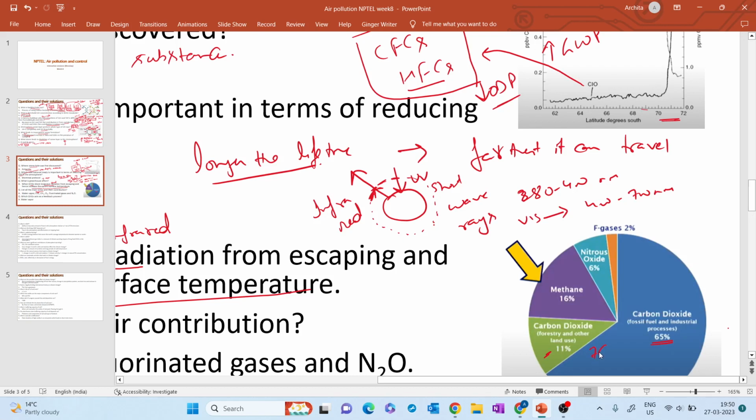So about 76% of the warming of the earth is because of CO2. Then comes methane, and then comes nitrous oxide and fluorinated gas, which is not that much. So that is why CO2 is the major driving factor of greenhouse gas. And that is why in the next slide you will see that we measure the global warming potential in terms of CO2, because it is the major driving greenhouse gas.